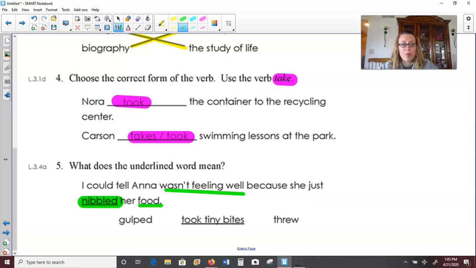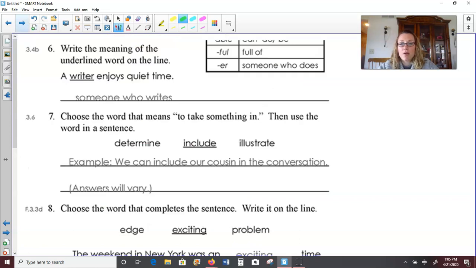And throw, I guess if she wasn't feeling well, she could have thrown her food because she didn't want to eat it. But the best choice here is that she took tiny bites. When you nibble on something, you just kind of take teeny tiny little bites. And sometimes you might do that if you really don't have an appetite because you don't feel well. Okay, over to the next page.